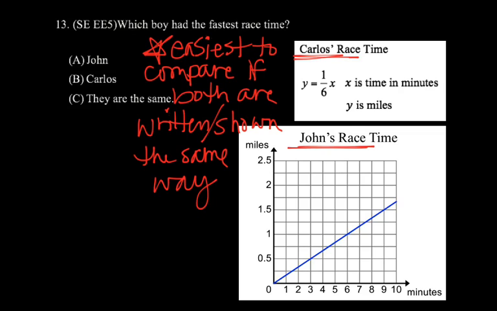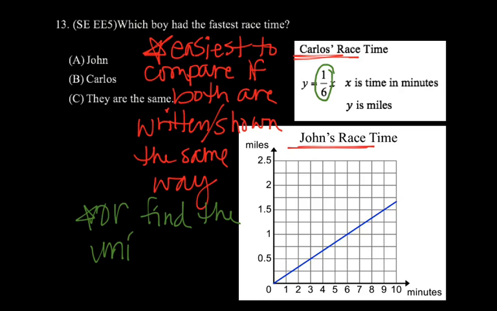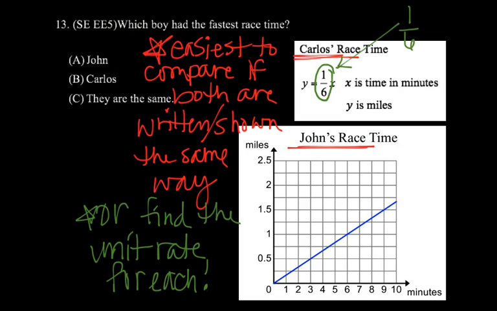Now, something else to think about. Let me change my color here. Something else to think about is our unit rate. You could also find the unit rate for each. My unit rate for Carlos is 1/6. That means 1 minute for 6 miles.